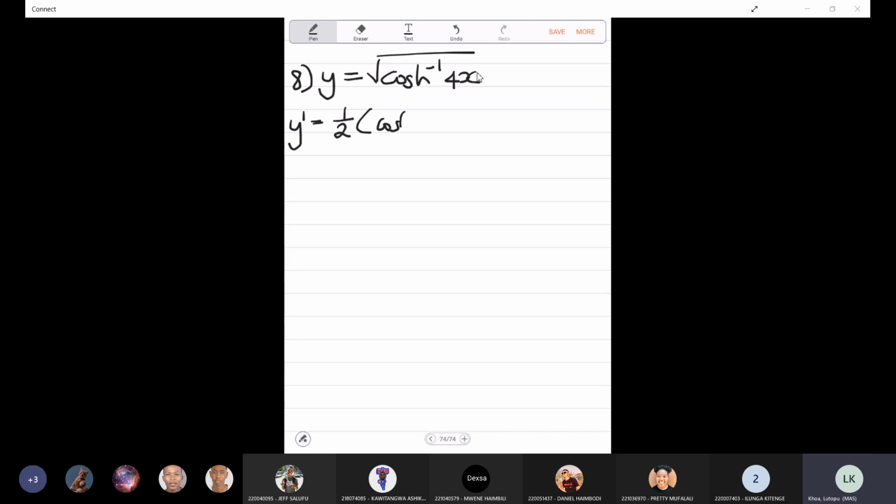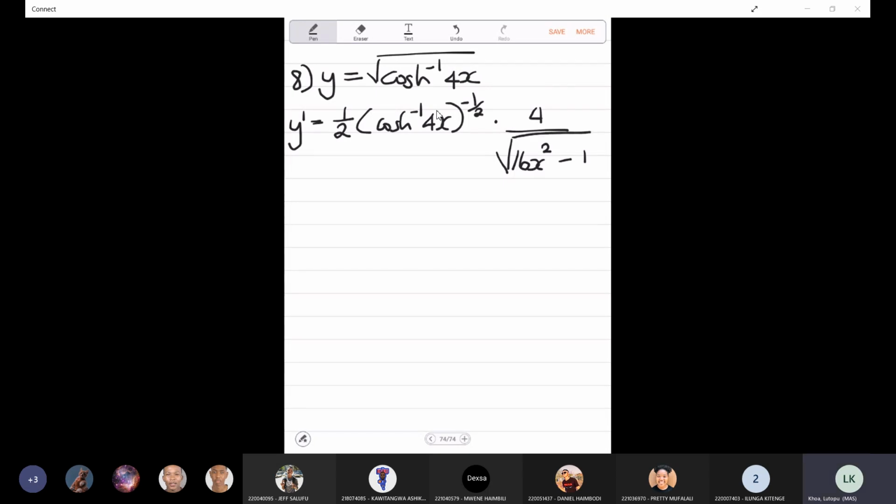So y prime, this is a half. The hyperbolic cos inverse of 4x, and then here we have minus a half. Then we multiply by the derivative of hyperbolic cos inverse of 4x. In the numerator we have the derivative of 4x, which is just 4, and then in the denominator we have our function squared. So say 4x squared, this is 16x squared, and then minus 1.